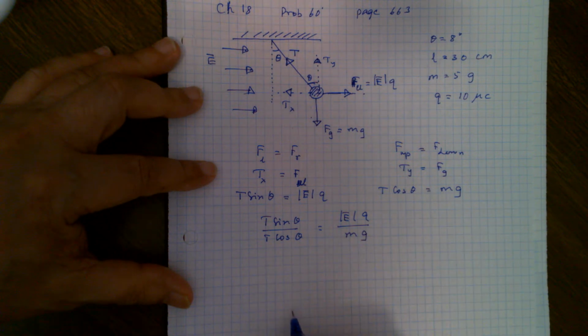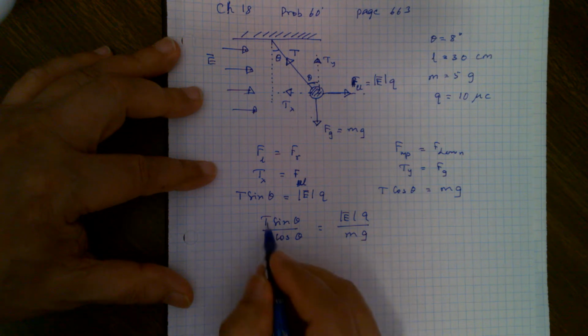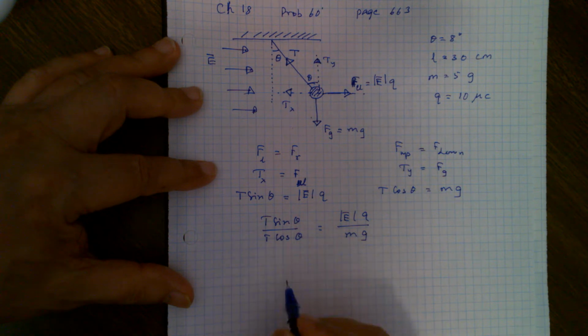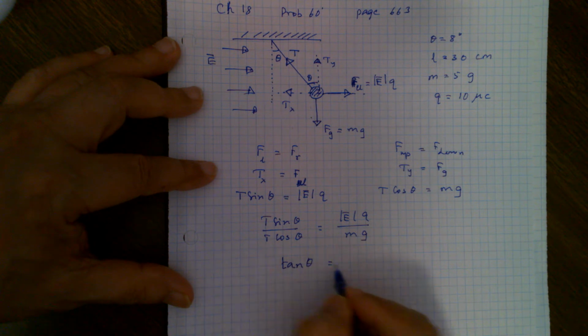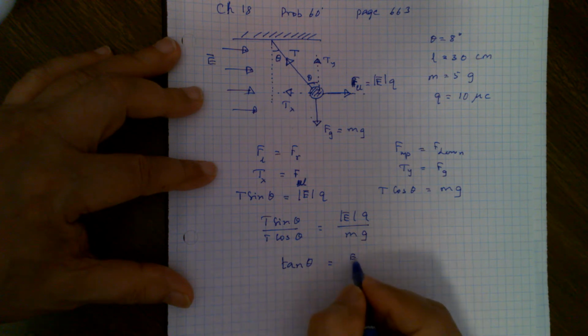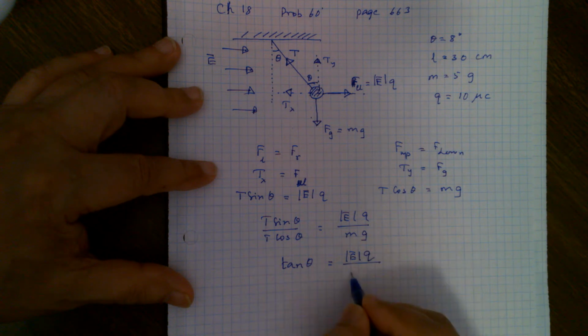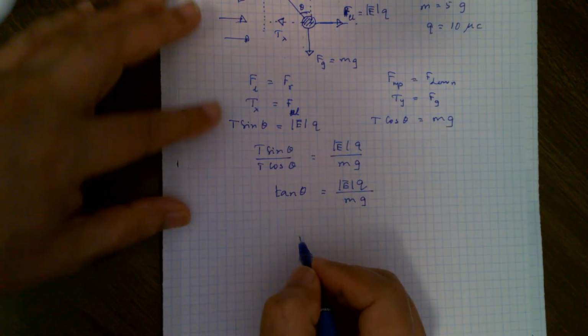Alright, so I can divide these two equations. Then T and T cancel out. Sine theta divided by cosine theta is tangent theta. And this is E magnitude Q by mg. Okay, so that's our final formula.